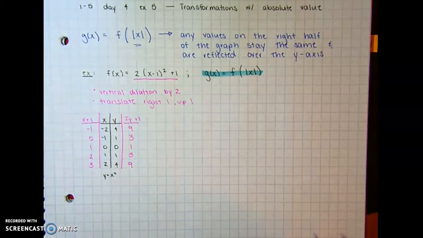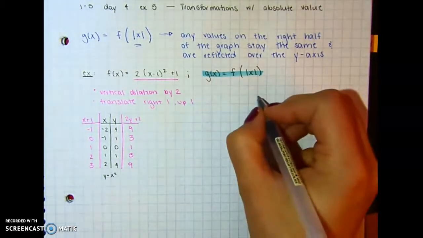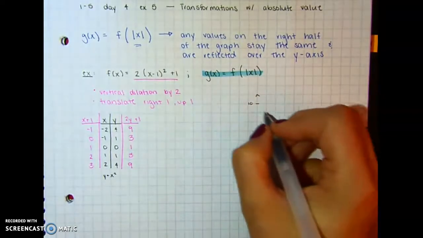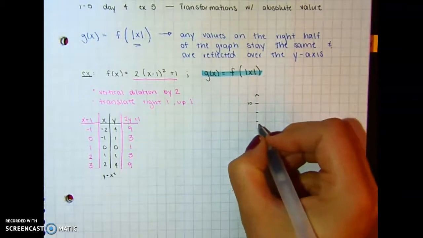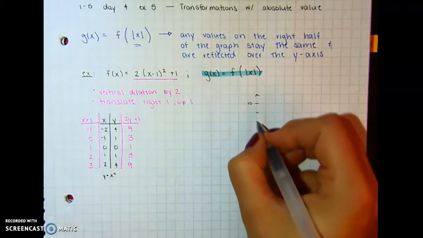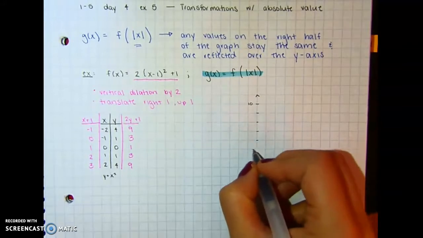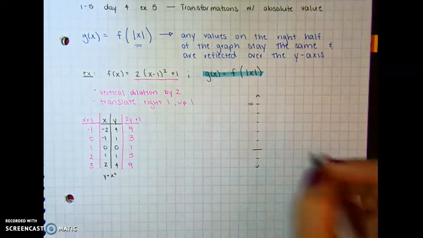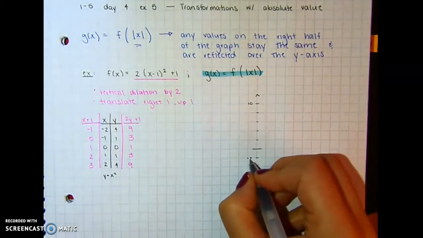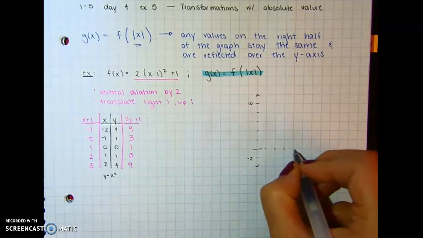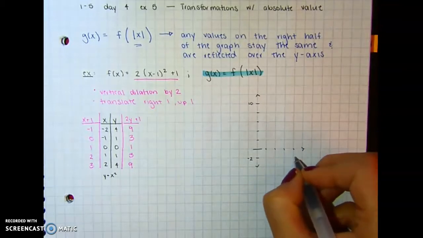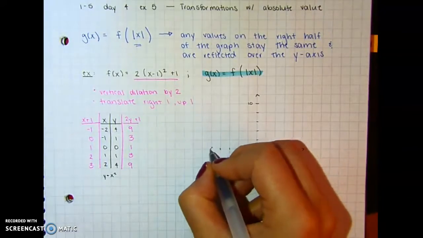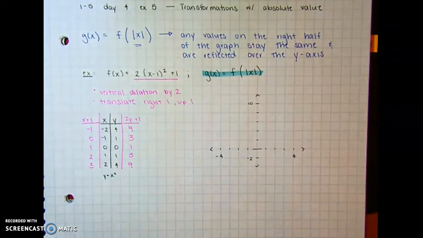So now I'm going to graph that on a coordinate plane. I'm going to do a scale of 2 just to make things easier. 10, 8, 6, 4, 2. And then my x values, I'll just do a scale of 1. Okay.